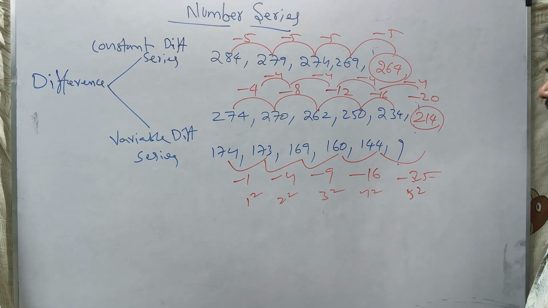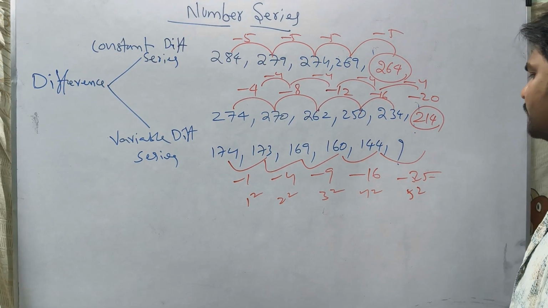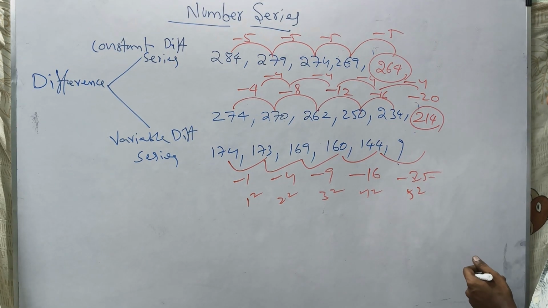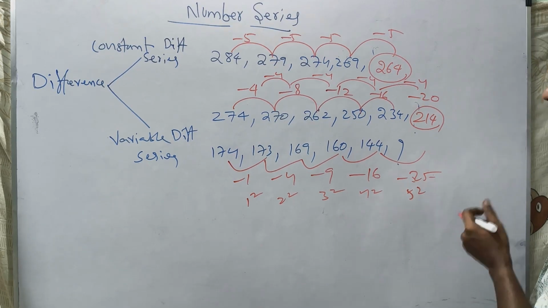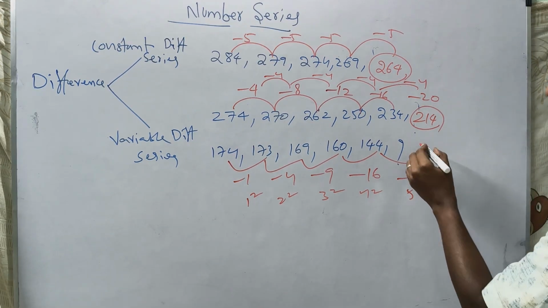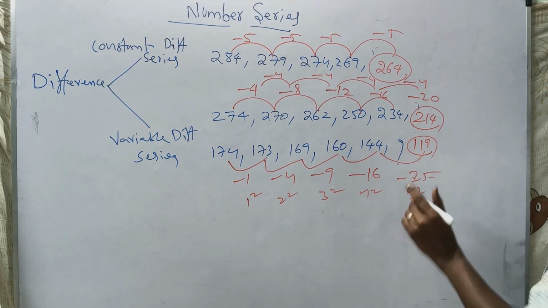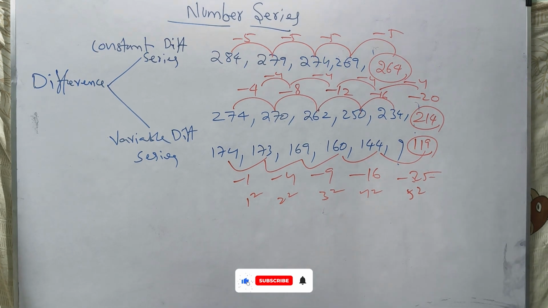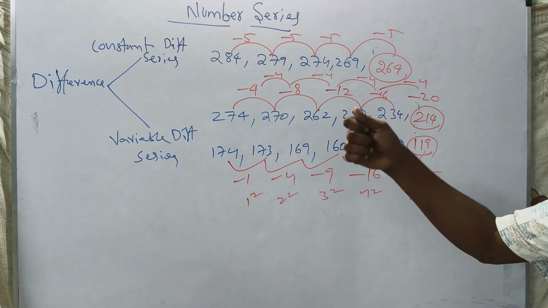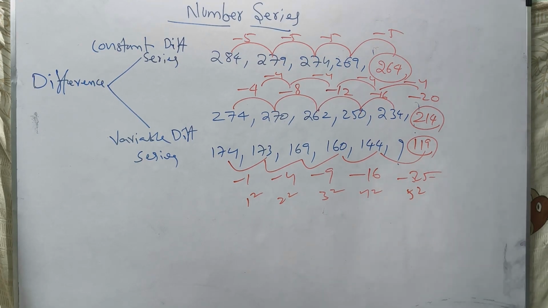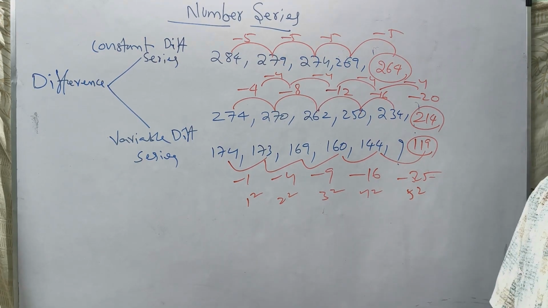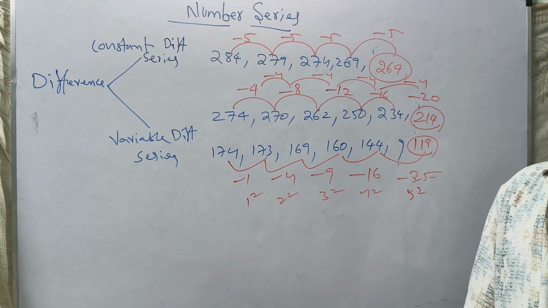Minus 25 means what? Here you will get 119. So like this you will get different questions from the constant difference series and variable difference series.